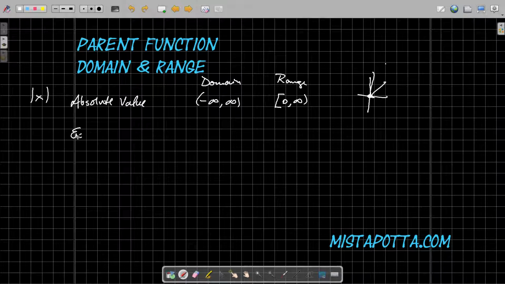When I'm dealing with an exponential, something like 2 to the x power, raising a number that's positive to a variable, I'm always going to get something that's positive, but there's no restriction on what I can put up here. So my domain is going to go from negative infinity to infinity. My range, however, is going to go from 0 to infinity, because raising a number to a power, even if it's a negative number, that just means it's going to go in the denominator.